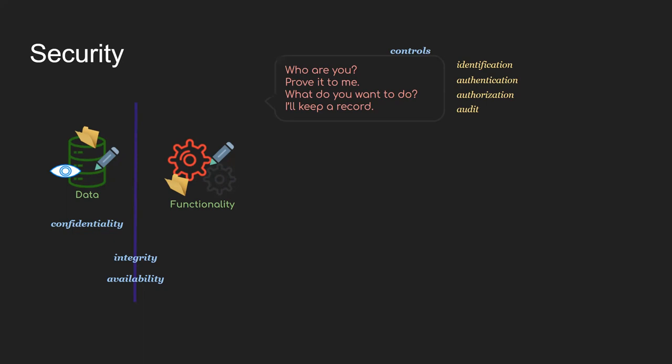So we have to have the means of identifying someone who wants to do something, that they can prove who they are through authentication, that we can make an authorization decision on what they want to do, and that we keep track of what they do. These are some of the basic controls that we want to exist in a system in order to preserve the properties of the system.